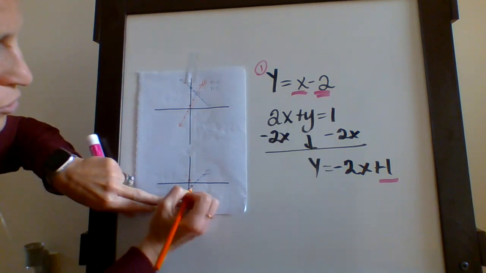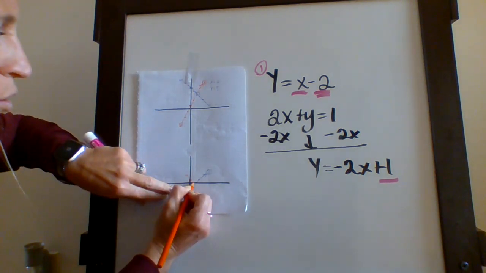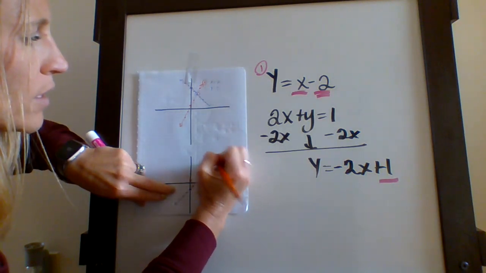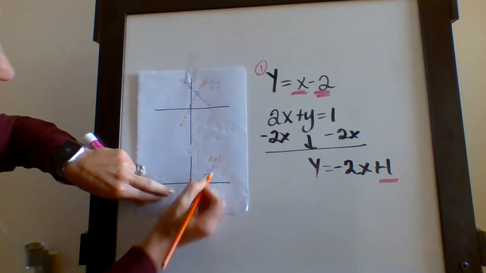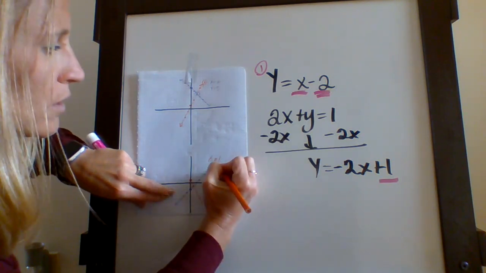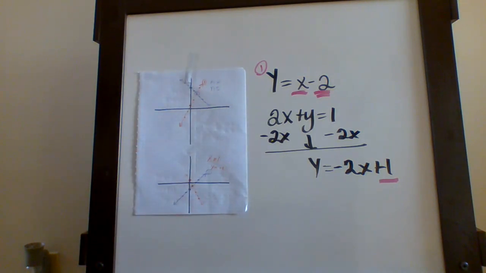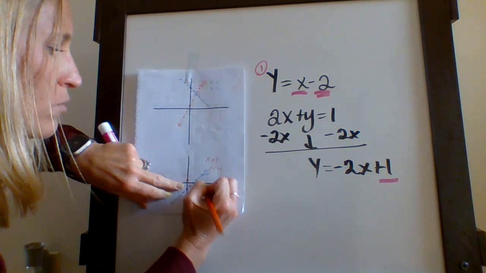We can see that these 2 lines cross or intersect right there. The point that they intersect, I went over 1, so going side to side is my x value, and I went down 1, going down is my y value, so that would be at negative 1. So the ordered pair for where they intersected was (1, -1).